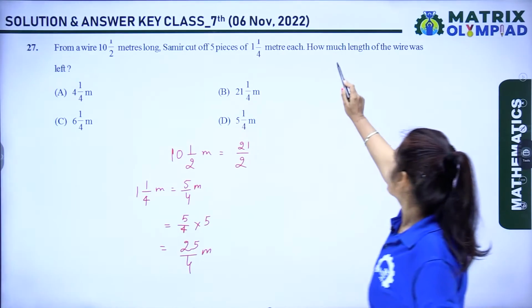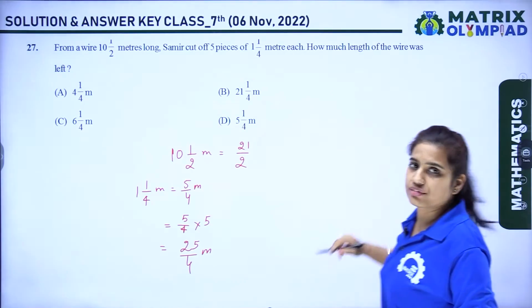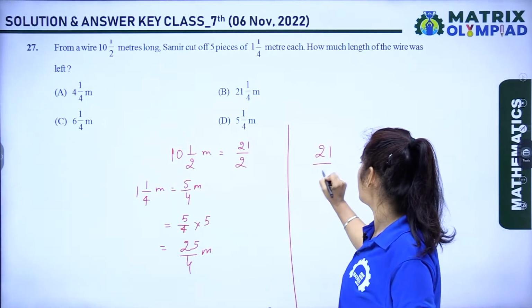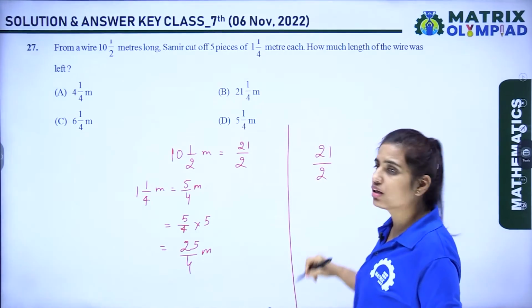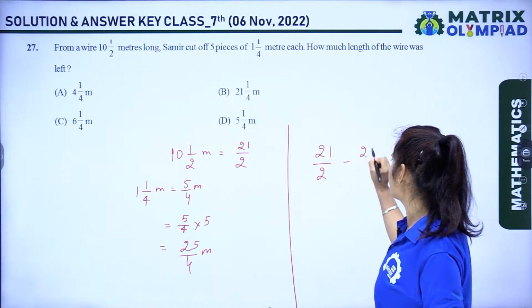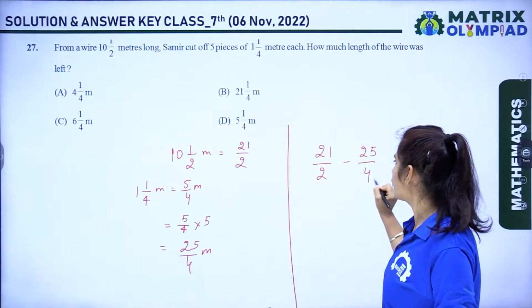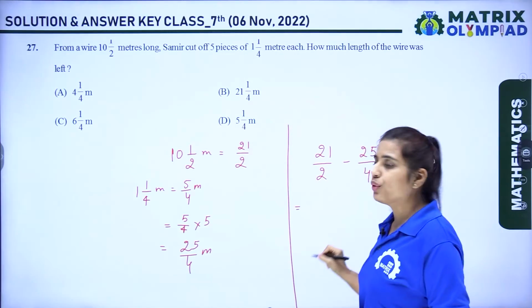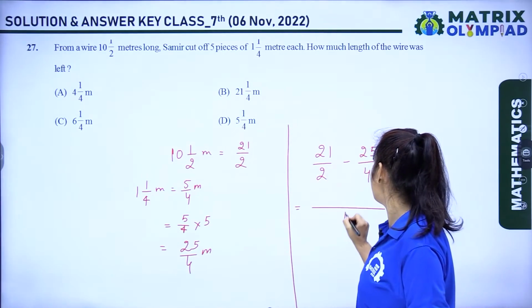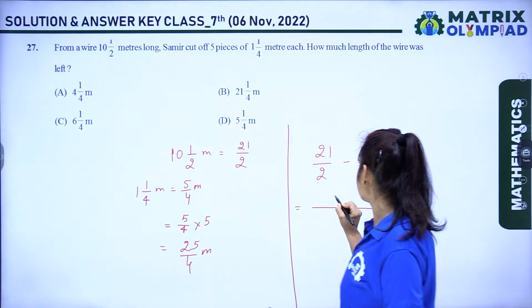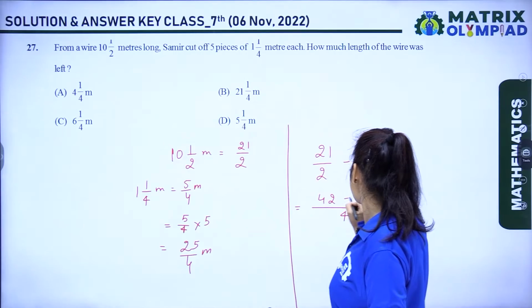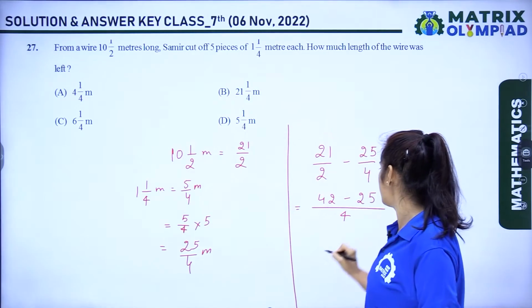Now we have to find out how much length of the wire was left. So there is 21 upon 2, the total length of the wire. We have to subtract 25 upon 4 from 21 upon 2. Let's take the LCM of 2 and 4. So the LCM of 2 and 4 is 4. Here we get 42 minus 25.